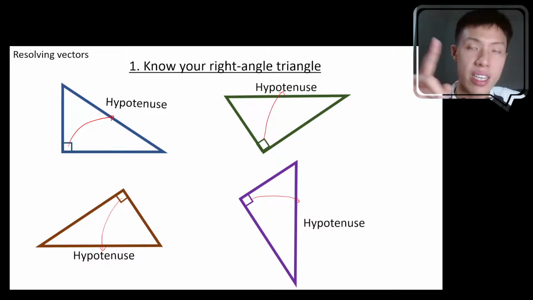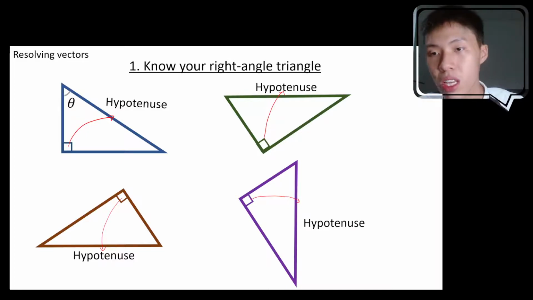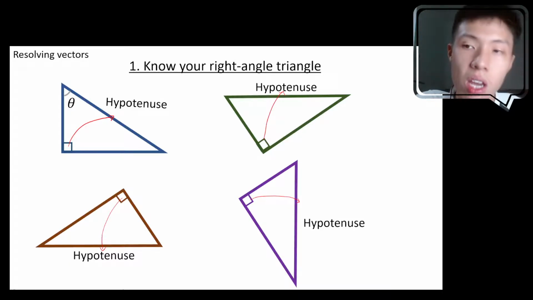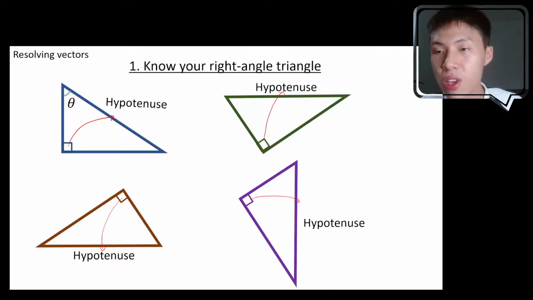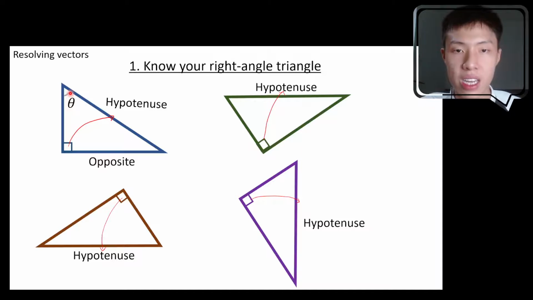The next thing that we need to know is what angle we are interested in, or what angle we know. Usually in a triangle, we label one of the angles. The angle might be the angle that we want to find, or it might be the angle that we know. If we label our theta to be here, then we can know where the opposite side is and where the adjacent side is.